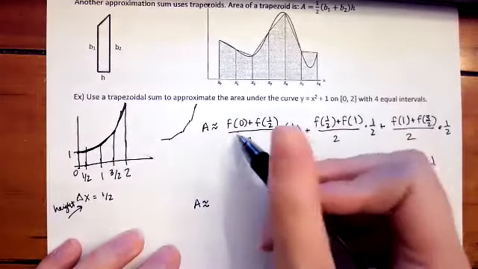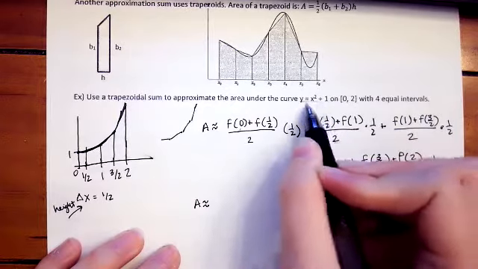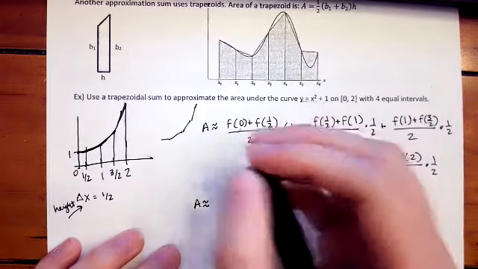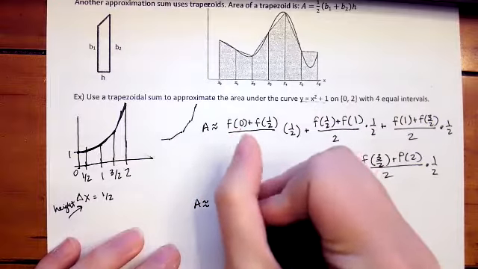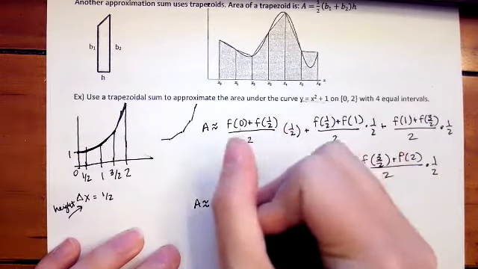So for my area, I'm plugging these f's into my original equation. F of 0 would be 1. F of 1/2 would be 1.25.